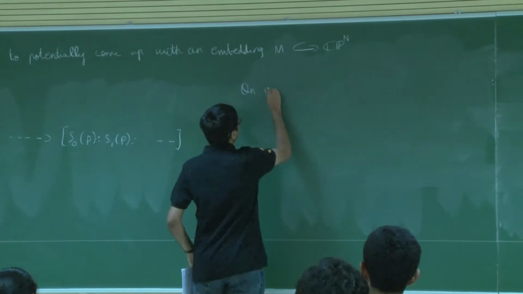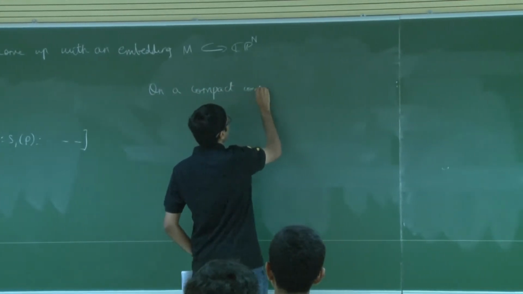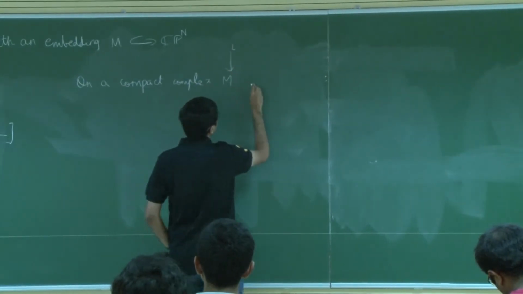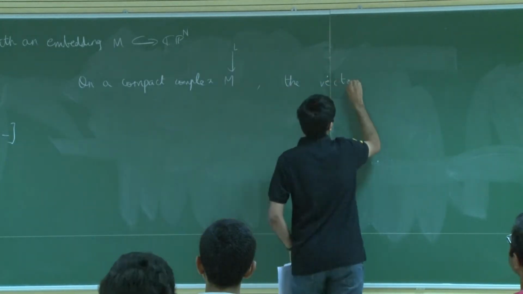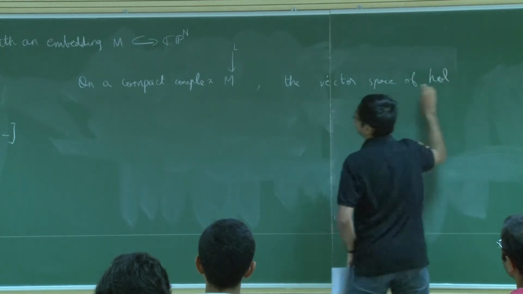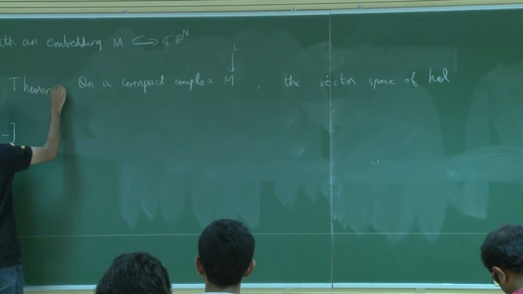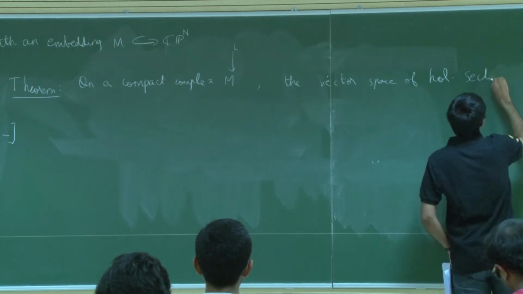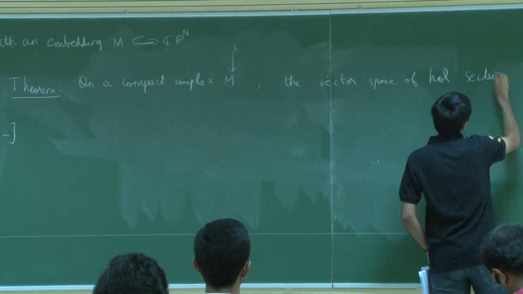On a compact complex manifold M with a holomorphic line bundle, the vector space of holomorphic sections, maybe I'll write it as a theorem, of holomorphic sections is finite dimensional.